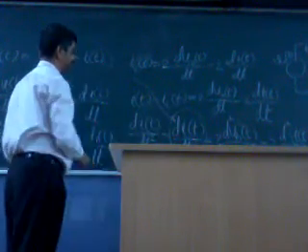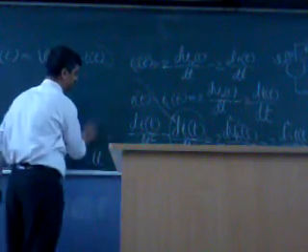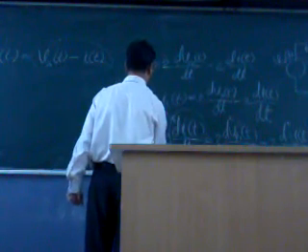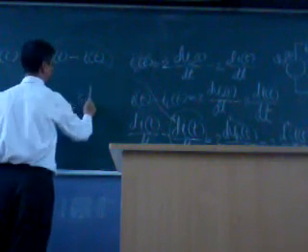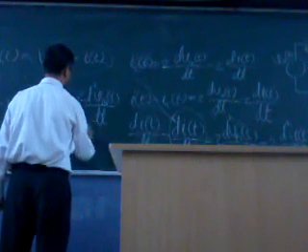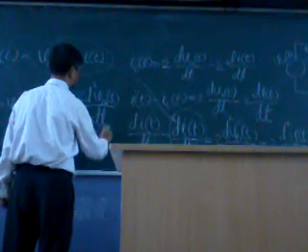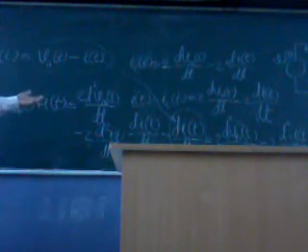What is the final equation? The final equation is like this: dI(t) upon dt minus V1(t), that is minus V_in(t) plus I(t), is equal to 2 dV_in(t)... minus 2... Then you can collect the I terms here and the V terms on the other side.